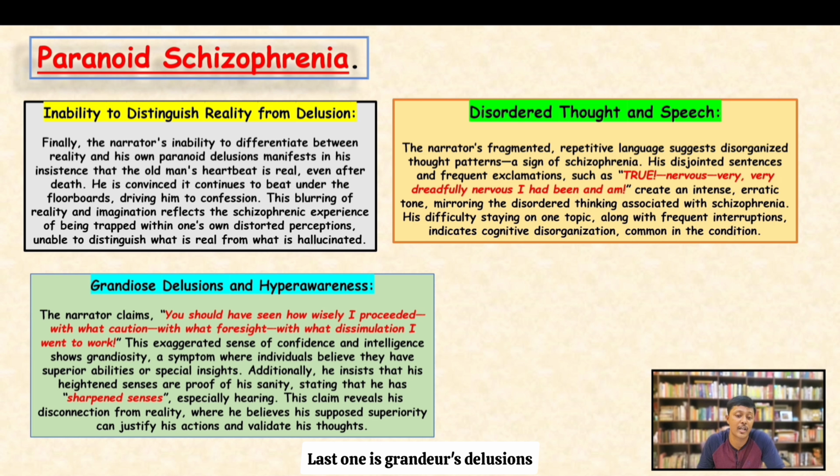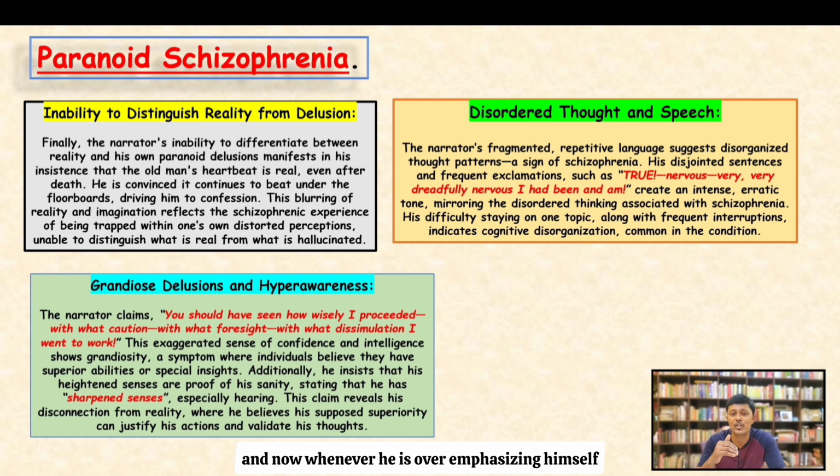The last one is grandiose delusions and hyper-awareness. A sentence that you should have seen: how wisely I proceeded, with what caution, with what foresight, with what dissimulation I went to work. This exaggerated sense of confidence and intelligence shows grandiosity, a symptom where individuals believe they have superior abilities or special insights. See here, sharpened senses. He has sharpened senses.